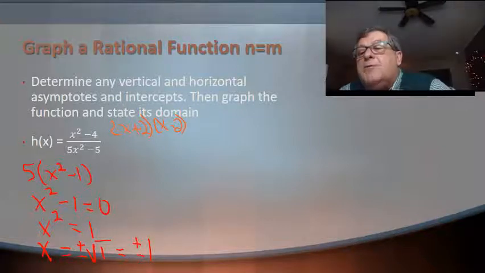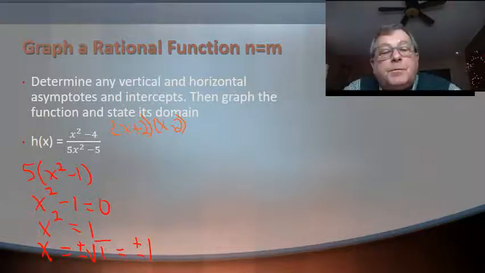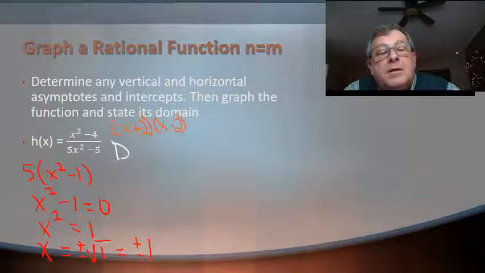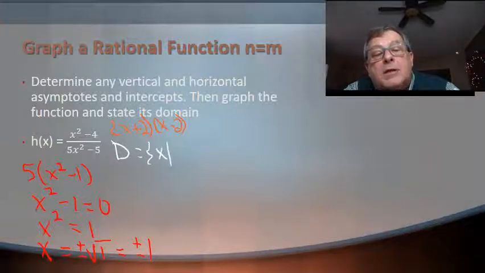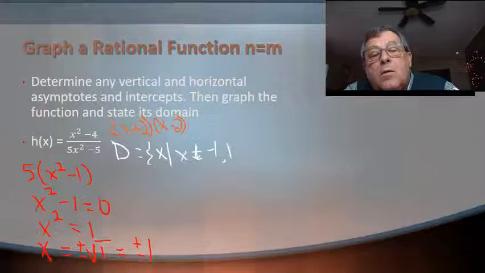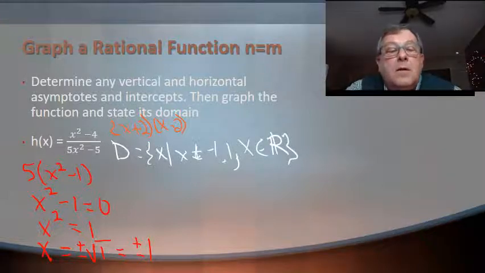Let's go ahead and see if we can write the domain. I'm going to say the domain is equal to x such that x does not equal -1 or 1. But other than that, x is an element of all real numbers.